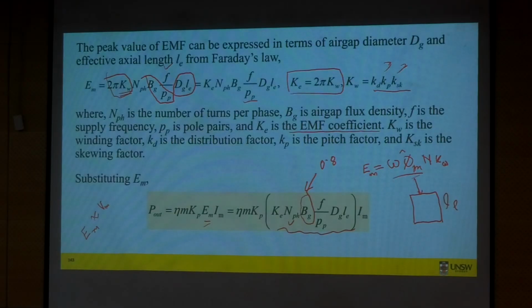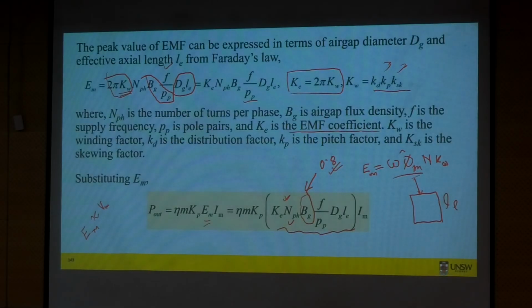If we already decided the rated voltage for the motor, we also know our EM at the rated speed. If EM is known, we can estimate the number of turns as well. After we know BZ, we determine the winding factor analytically, and we can determine the number of turns per phase. So turns per phase can also be found at this stage.